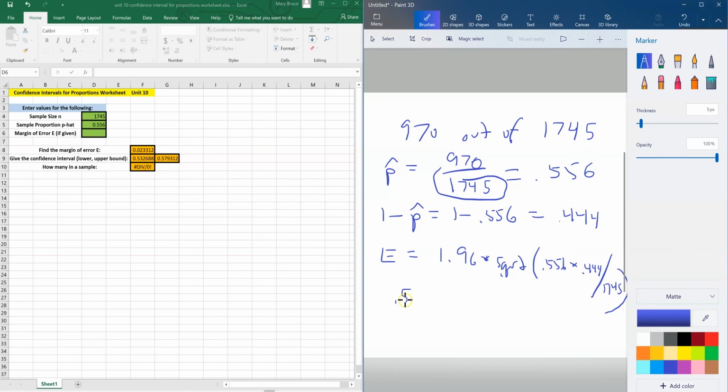In this case, it would give me evidence of a majority, because the lower bound of your interval is 0.533 and your upper bound is 0.579. So since the entire interval is above 50%, yes, this would be giving me evidence that more than 50%, or a majority, of the population is in favor of the referendum.